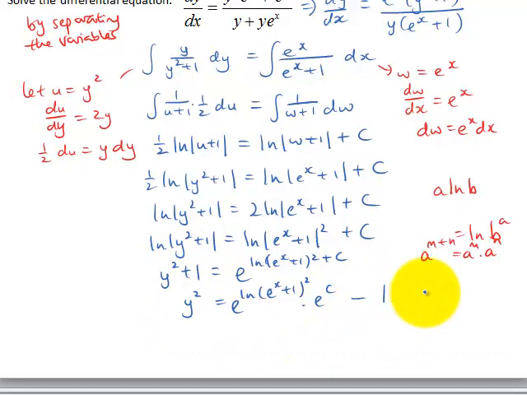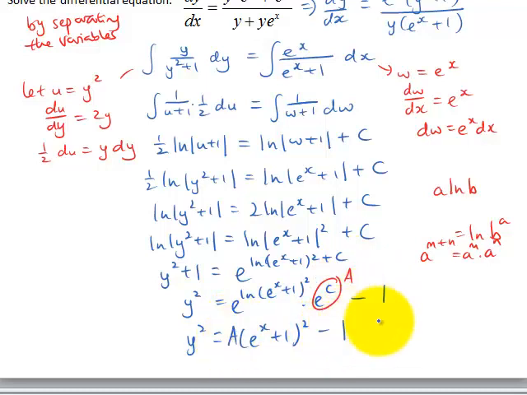So finally, I can see e and ln coming together, which will offset each other and cancel out. So I'll be left with (e^x plus 1) squared. And I have exponential of a constant, which gives me another constant. So let's just call this another constant, let's say A. And then I have a minus 1. So this is my general solution.